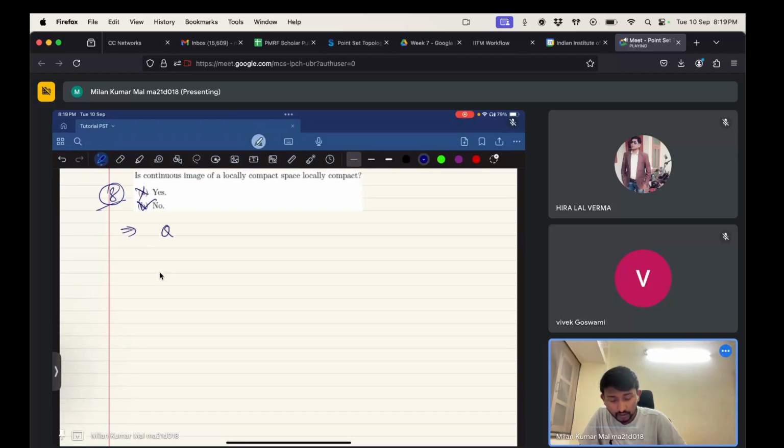Let's take Q with the discrete topology. Discrete topology means every singleton set is closed and every singleton set is open.